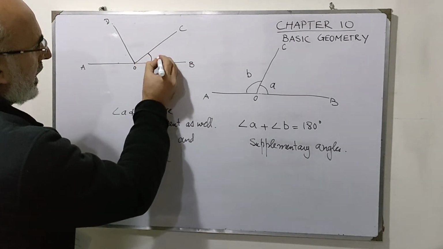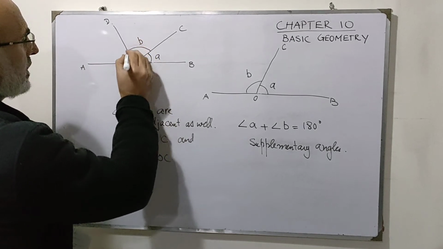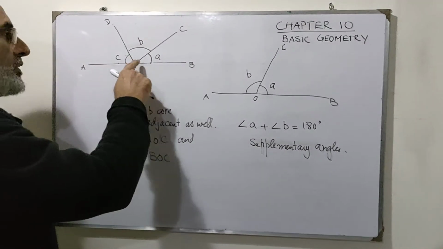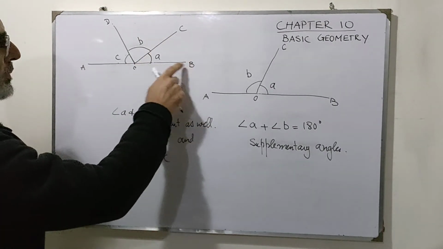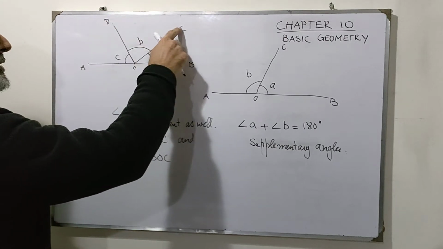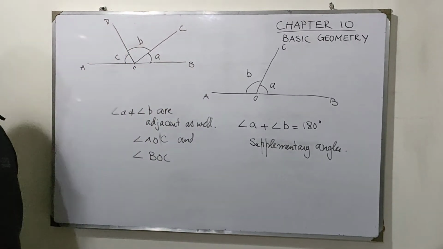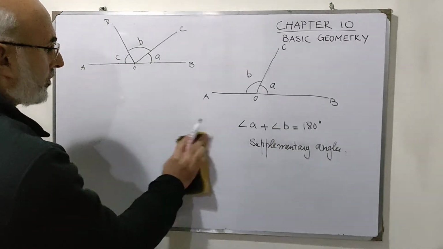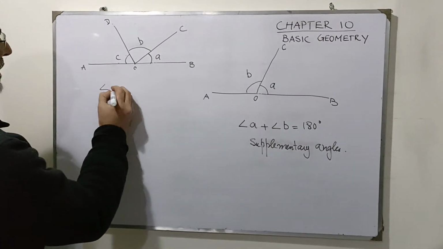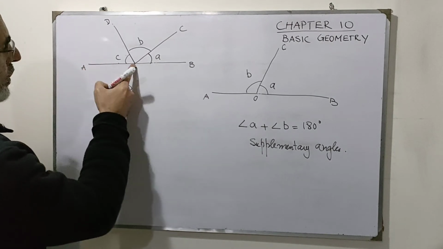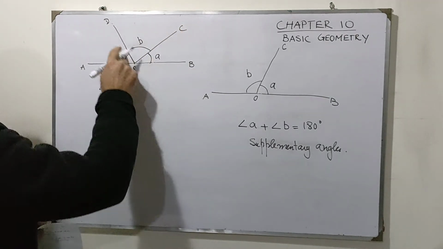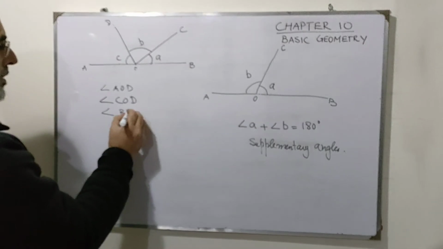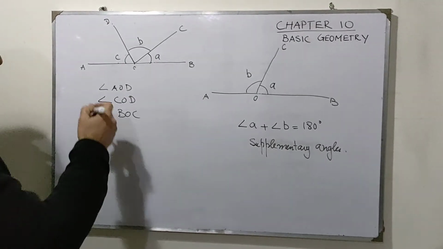Now I have angle A, angle B, and I have angle C. Now all of these angles, angle BOC, right, angle COD and angle AOD, all are sharing the same vertex, common vertex, so they are adjacent.